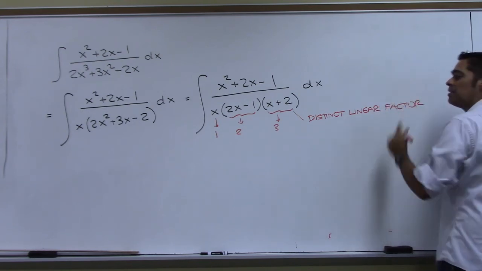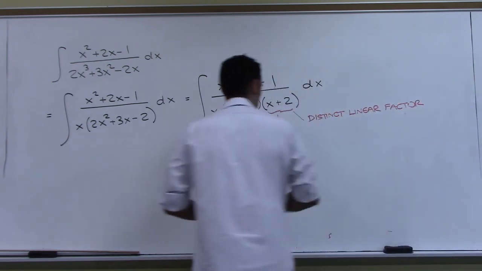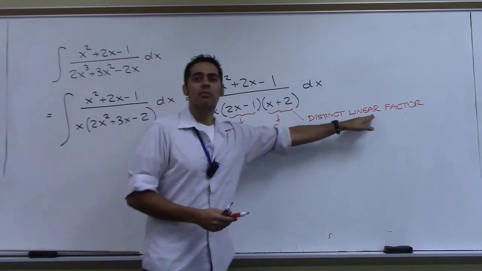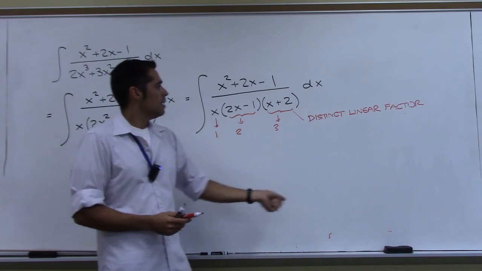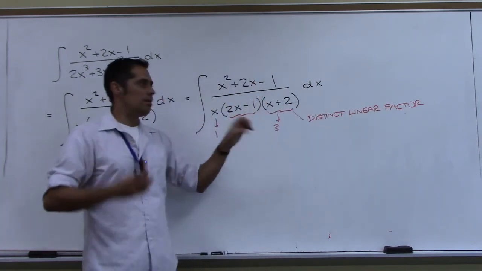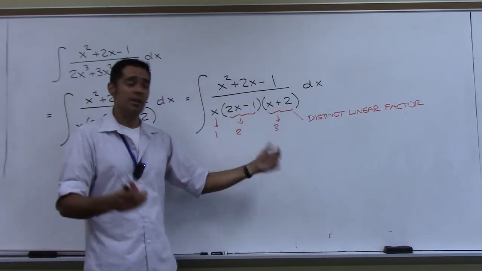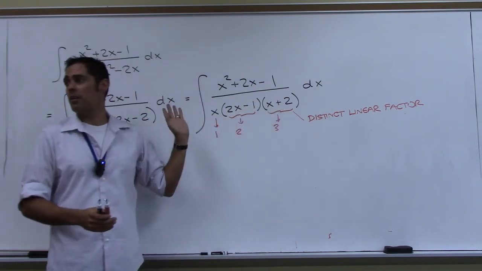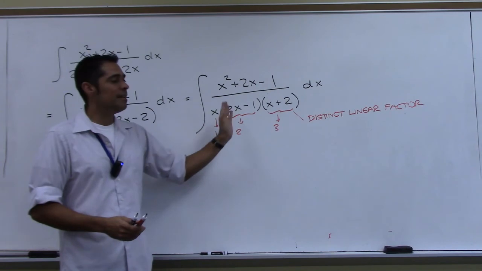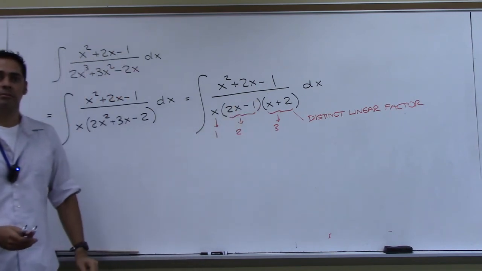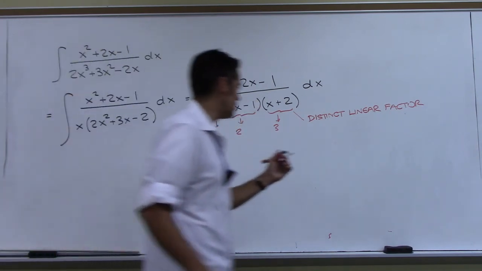It's called a distinct linear factor because, first of all, it's linear, right? That's a linear expression in x. It's a factor because it was ripped apart and it's part of this multiplication. It's distinct because it's different than all the others in the denominator, right? How many distinct linear factors do we have? We have 3 distinct linear factors.